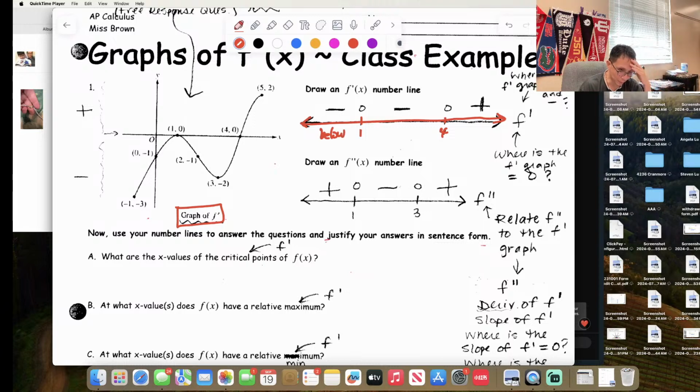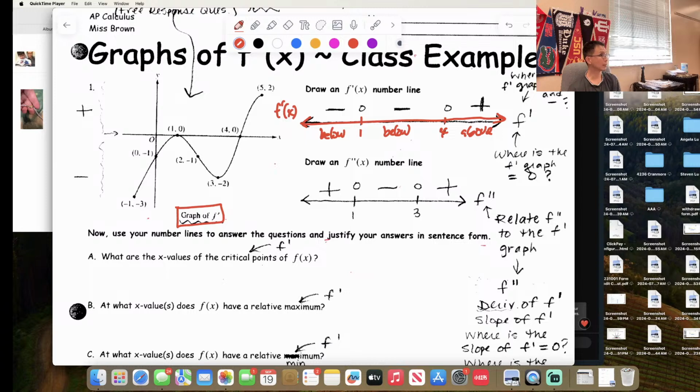From 1 to 4 is also below the x-axis, also negative. And this is above, and that's above the x-axis. That's f prime of x, the number line test for the f prime of x graph. Khrushchev, you understand? Raphael, Jing?